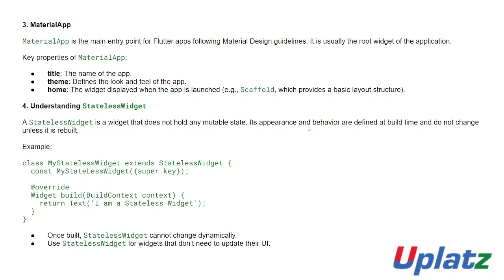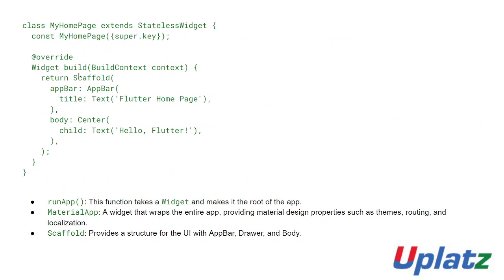Its appearance and behavior are defined at build time and do not change unless it is rebuilt. Its appearance and structure are defined in this build function at build time, and you cannot change this text value from here.